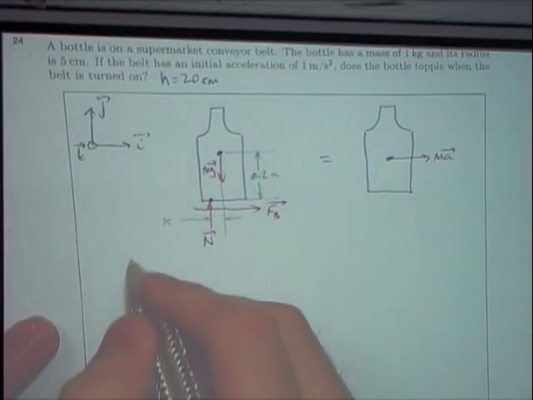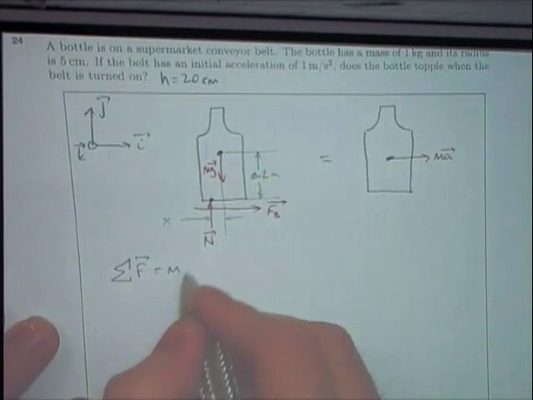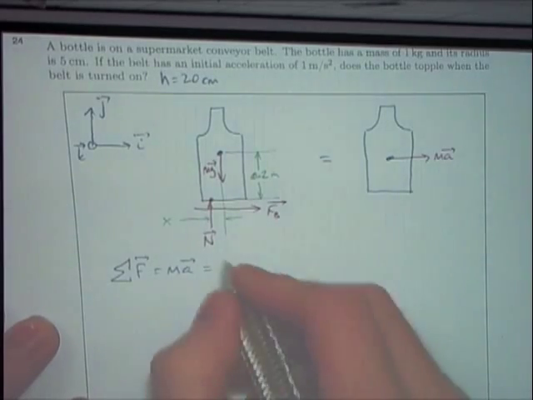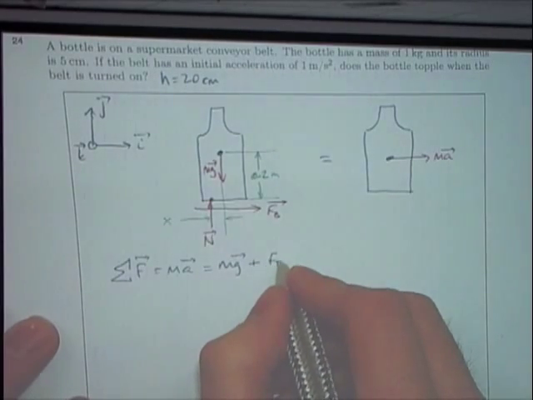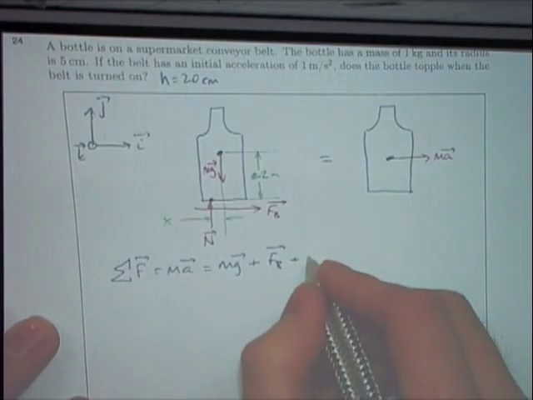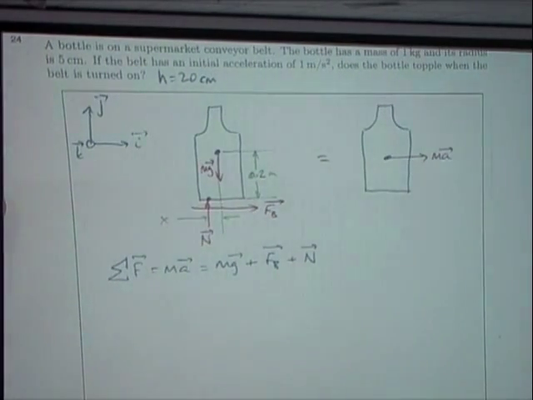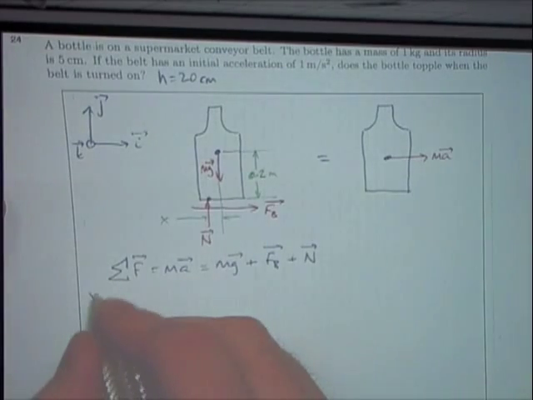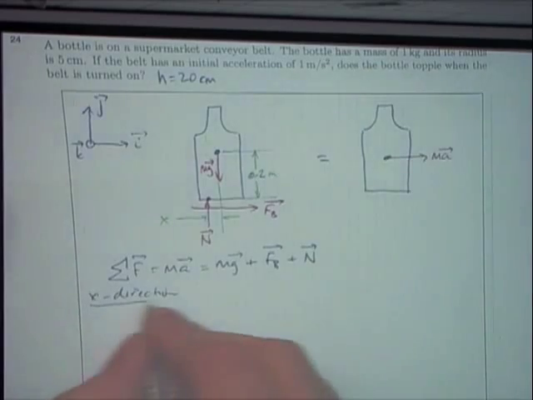And so we do the sum of all the forces. The same thing again. Equals mass times acceleration. So we've got mg plus FB, the force of the belt, plus N. Okay, well in the x direction, do the same thing again, max.